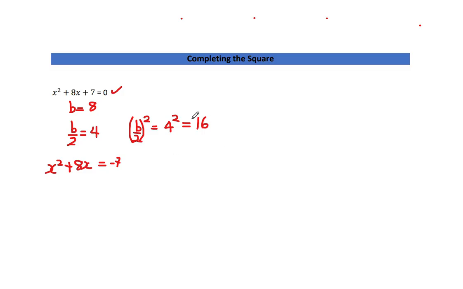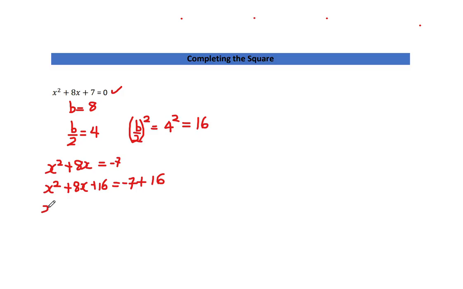And then we're going to use this 16, which is positive, and we're going to add it to both sides of the quadratic equation. So this becomes x squared plus 8x plus 16 on the left hand side of the equation, and on the right hand side I'm going to have negative 7 plus this same 16.